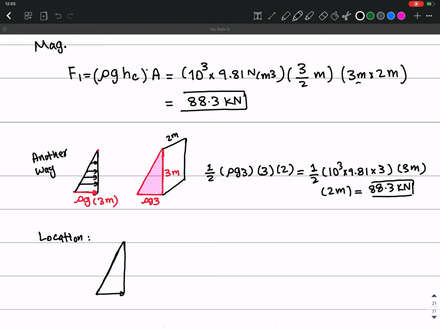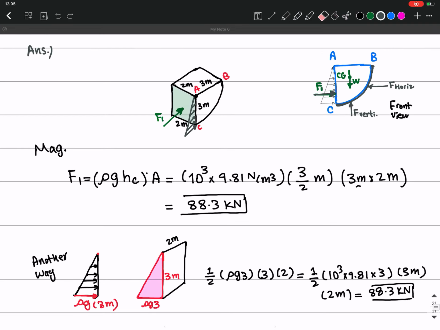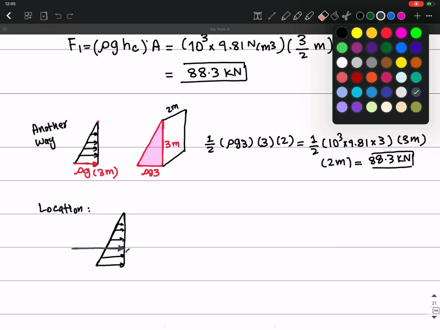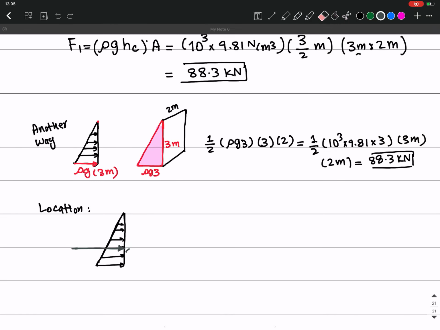For the location, we use the second area of moment, right? And so the F_R, the resultant force, is gonna act, because this is a triangle, at 1/3 from the bottom, which is gonna be here, 1 meter from this side and 2 meters from top.